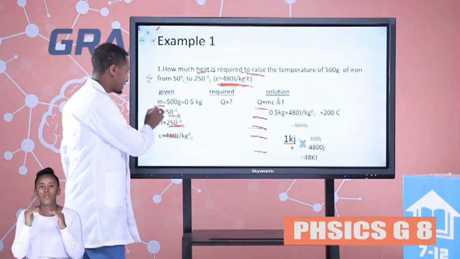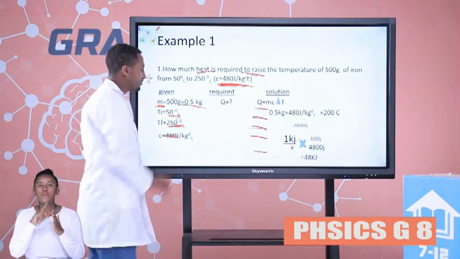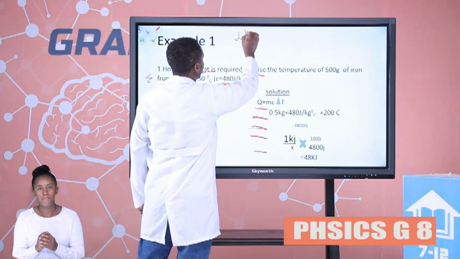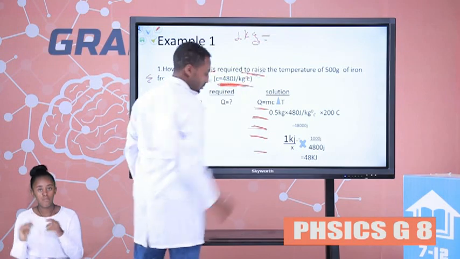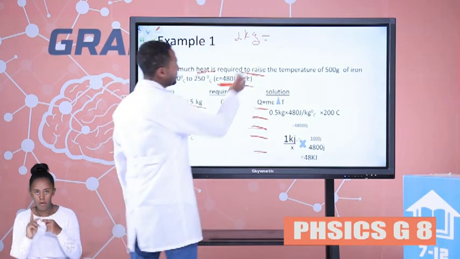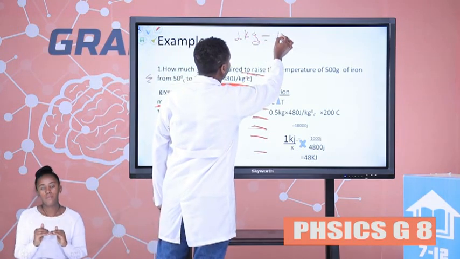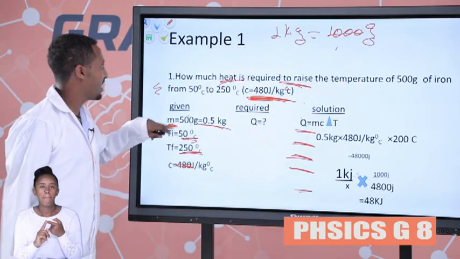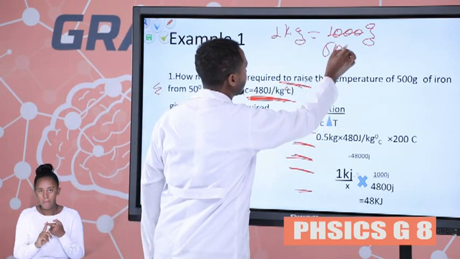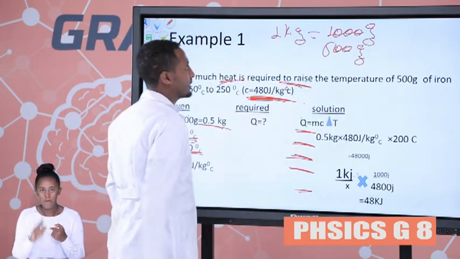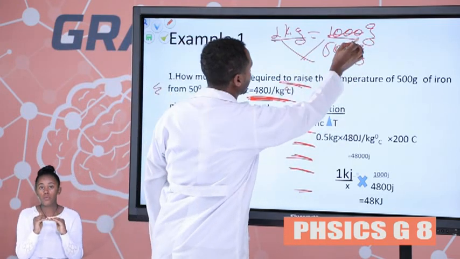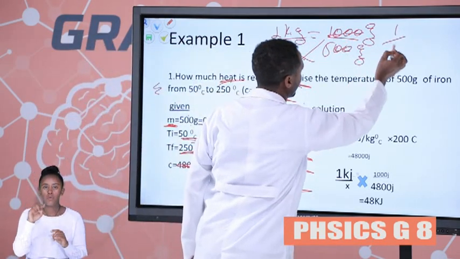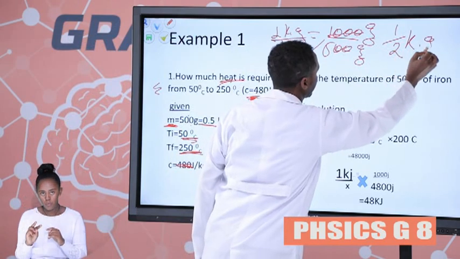Mass is equal to 500 gram. This means 0.5 kilogram. 1 kilogram is equal to 1000 gram, so 500 gram is equal to 0.5 or 1 over 2 kilogram.